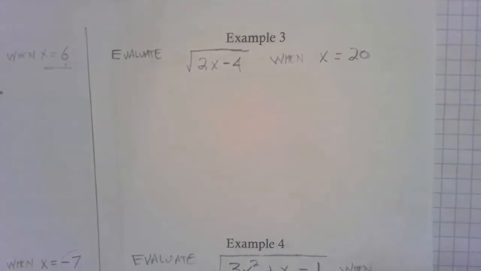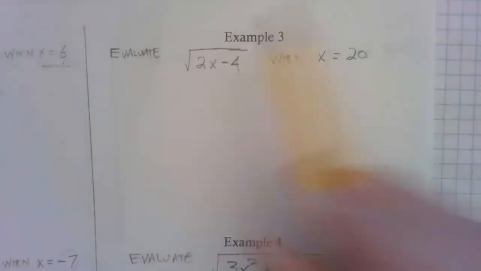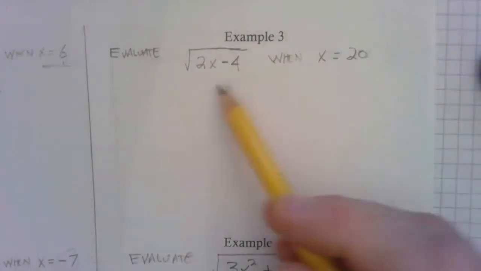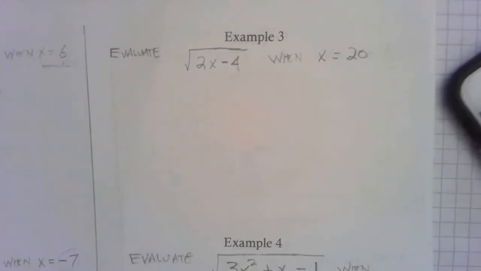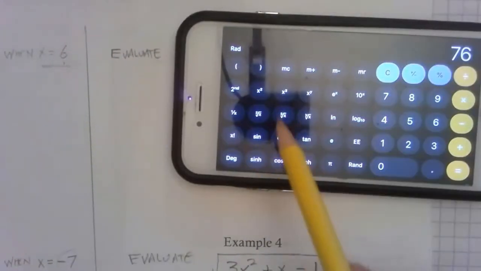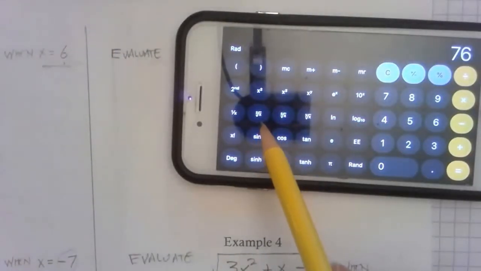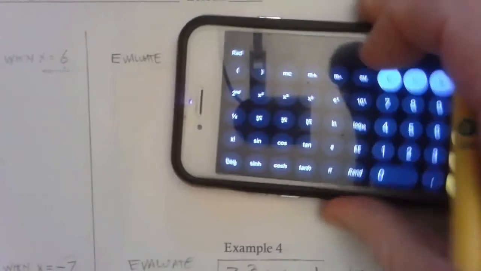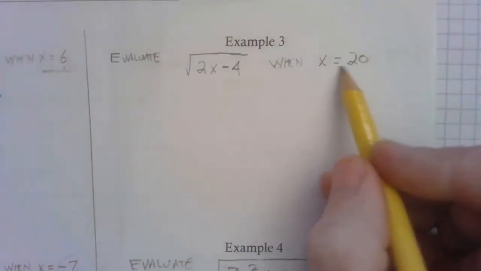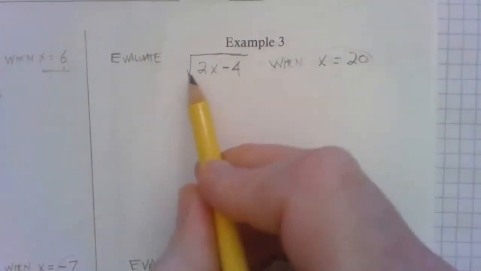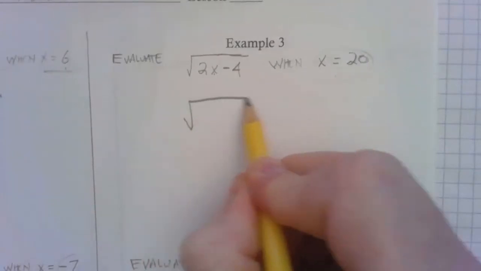Okay. Square rooting. So in these, the last thing we're going to do is to hit this button on your calculator, the square root button. But first, we got to plug in the number in question. So this 20 is going to go in for x. So just keep the square root hut there.